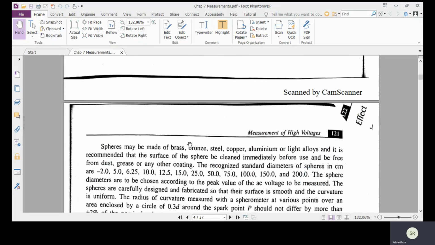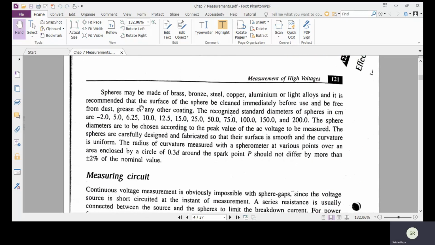Now, spheres may be made of brass, bronze, steel, copper, aluminium, or light alloys, and it is recommended that the surface of the sphere be cleaned immediately before use and be free from dust, grease, or any other coating.